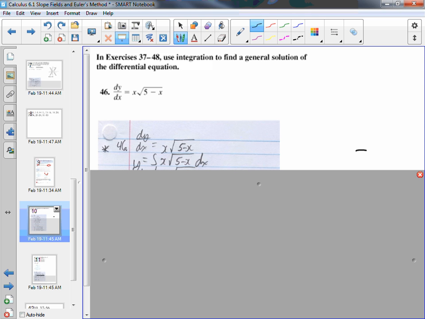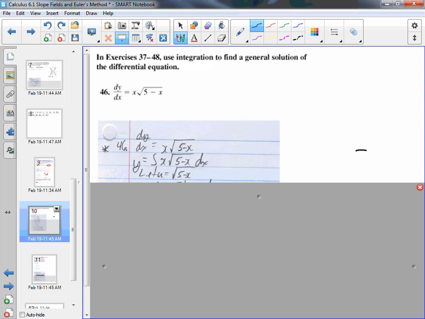All right. You've got a whole bunch of techniques that you know how to use now. What are you going to guess to let u equal? Yeah, 5 minus x is what I would have guessed too. Try it. Oh, I kind of tipped my hand, didn't I? How about if we let u equal the square root of 5 minus x?